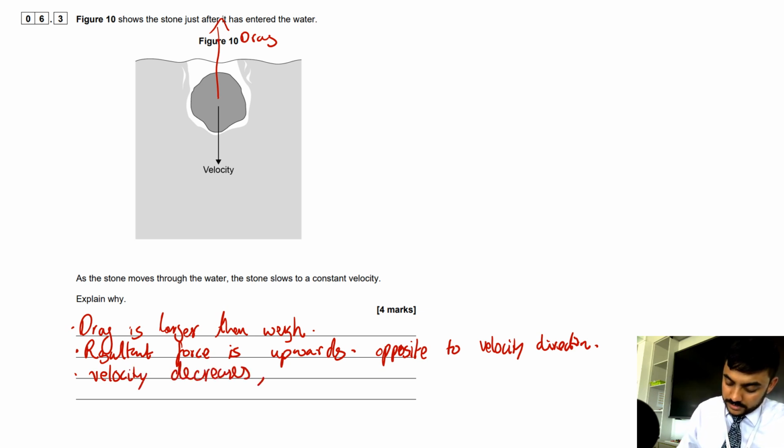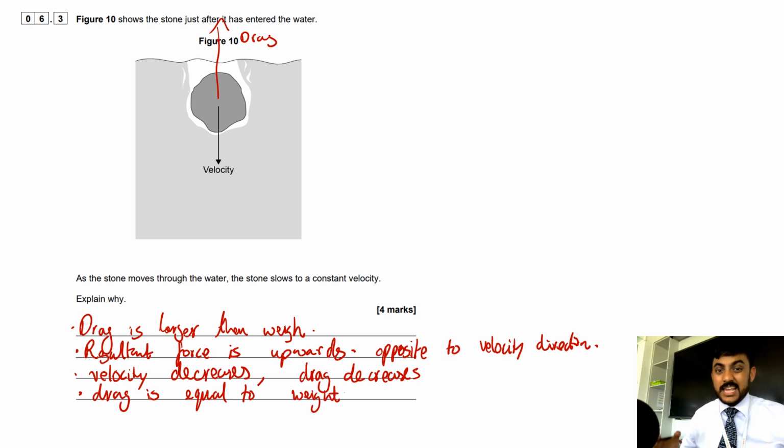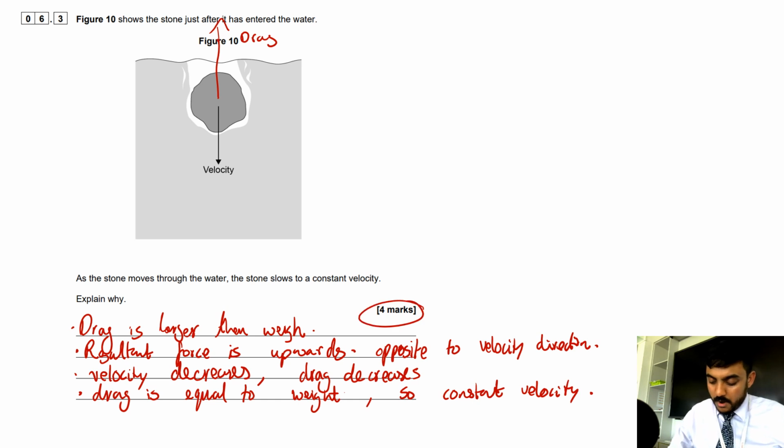But as velocity decreases, drag decreases, because as it slows down, there are fewer particles hitting the stone. And finally, drag is equal to weight, which is basically a new terminal velocity. So constant velocity. Now that's a lot of writing. It's a 4 marker, again, a highly marking question.